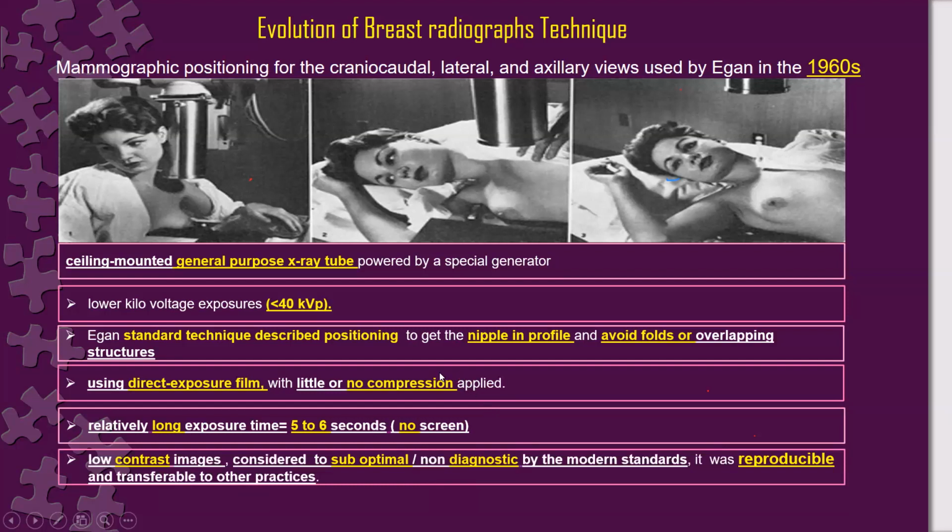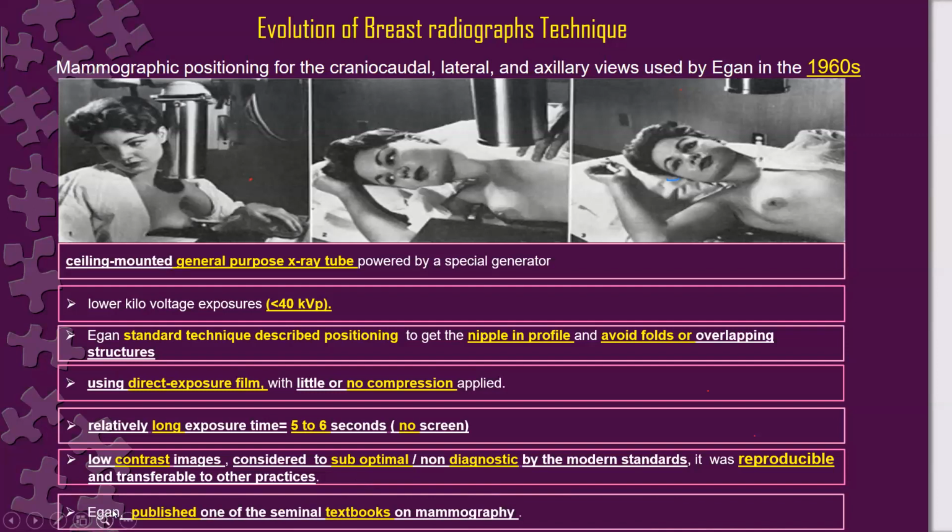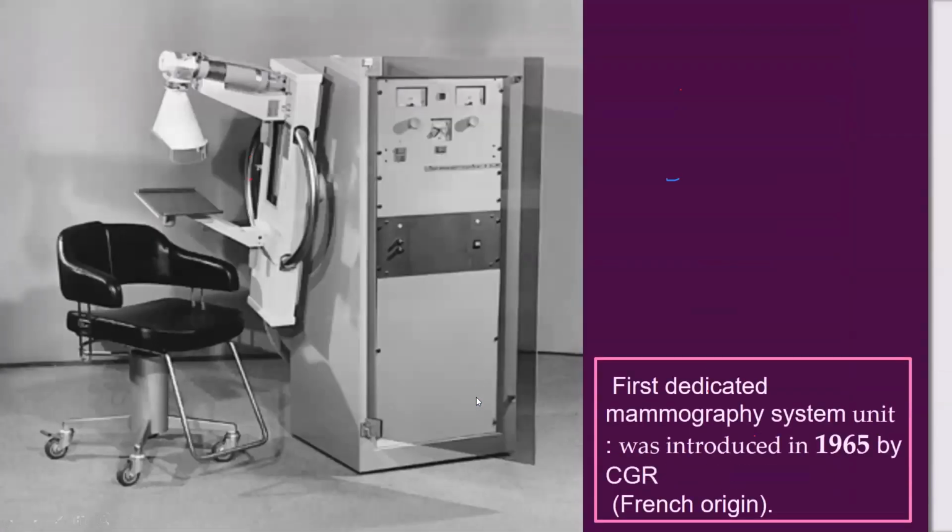Definitely the image was low contrast, considered suboptimal and non-diagnostic by our modern standard today. However, it was reproducible and transferable to other practice, and he even published one seminal textbook on mammography at that time.